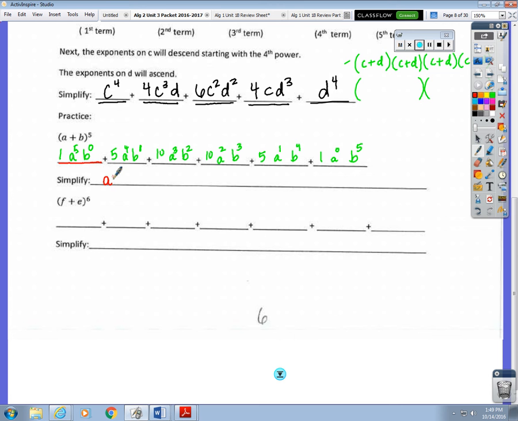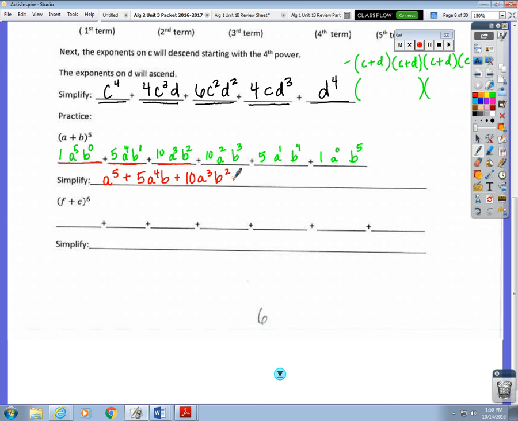The a to the fifth. Plus, what do I need to rewrite from the second term? Right. No need to write that 1. It's understood. Okay, what about the third term? All of it. Everything has to be rewritten.